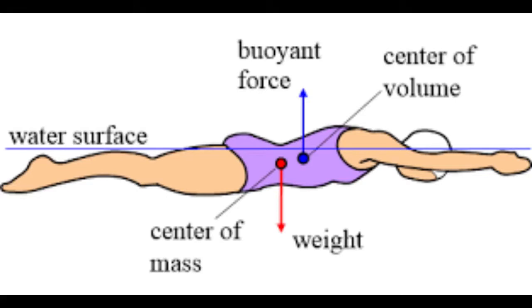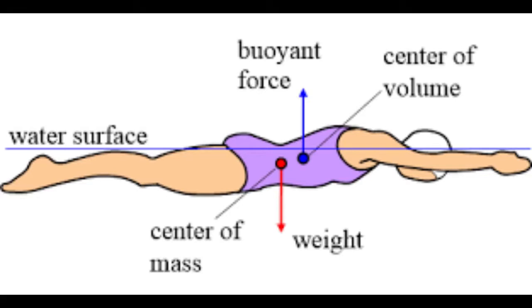This is when the upward buoyant force acting on the object is equal to the weight of the object. When both of these conditions are reached, the object stays stationary. An object that is in equilibrium will always satisfy both translational and rotational equilibrium.